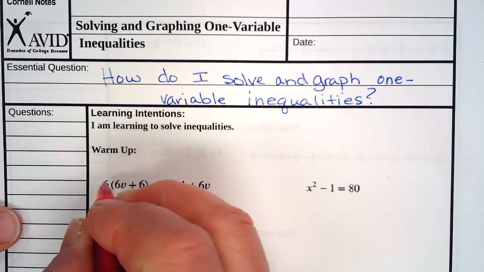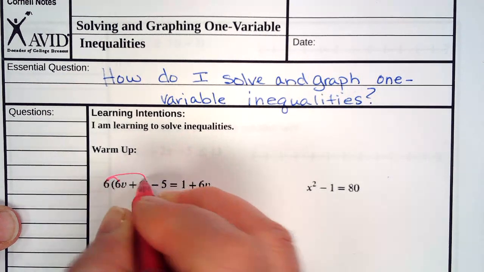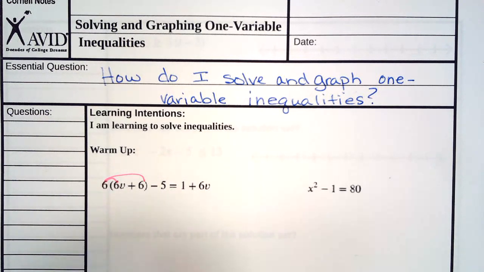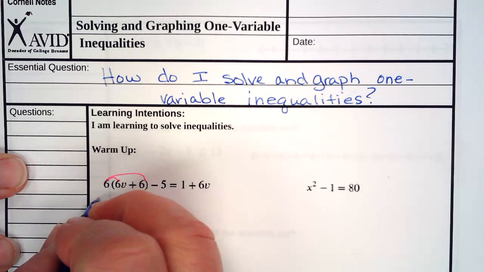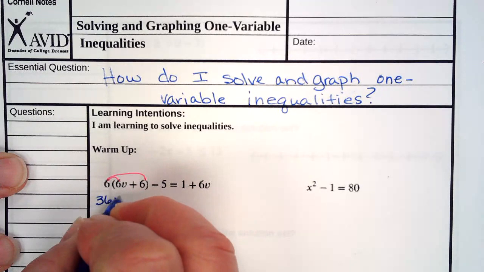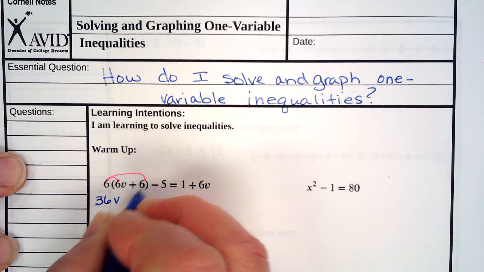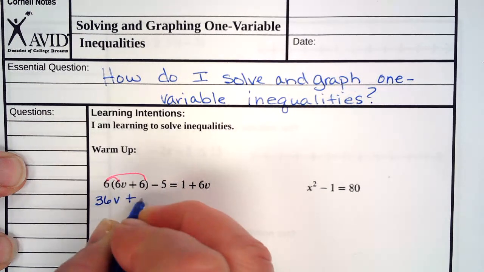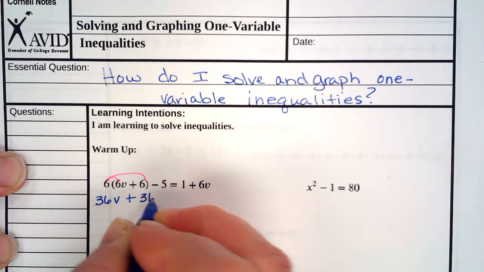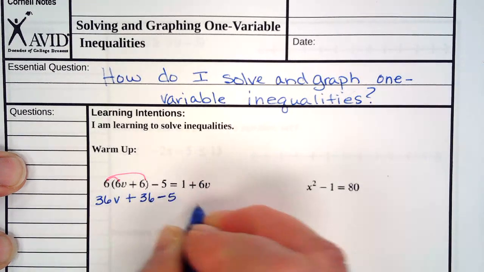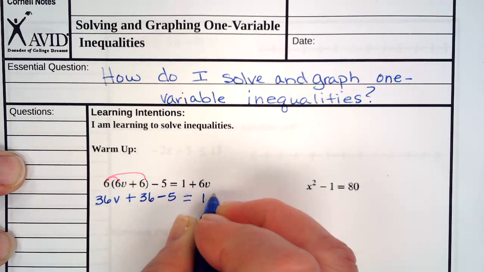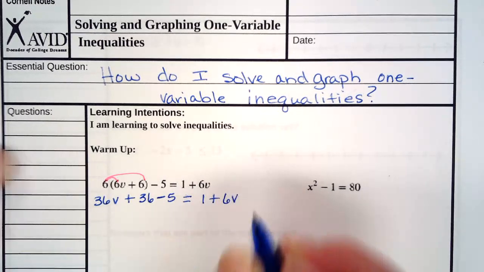So, this one we start by distributing. 6 times 6v is 36v. 6 times 6 is 36. So it's 36v plus 36 minus 5 is equal to 1 plus 6v.